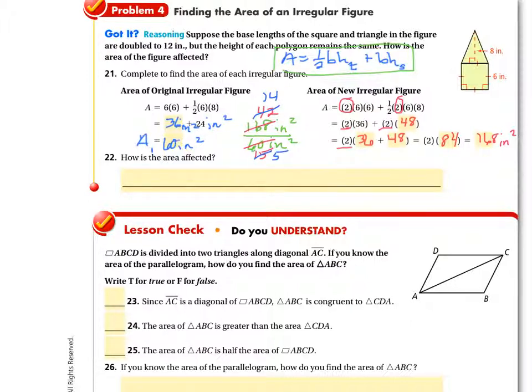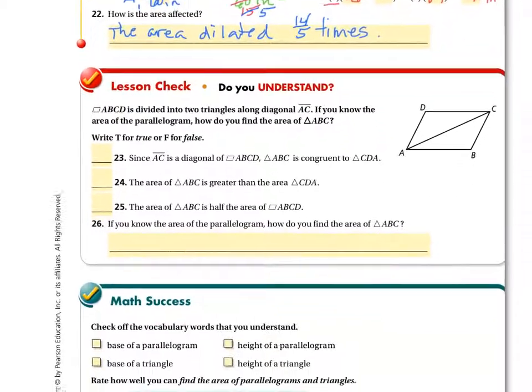So that means that the area dilated, if you will, whoops, let's spell it correctly, dilated 14/5 times. In other words, the new figure is 14/5 times as big as the old figure. And then the last thing I want you to do is your lesson check.